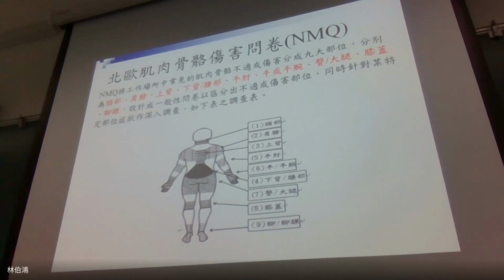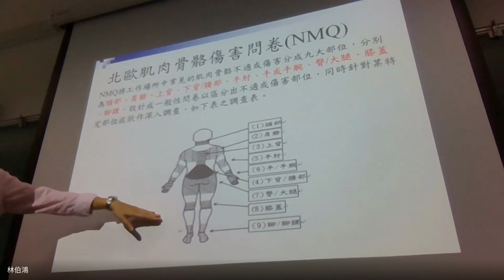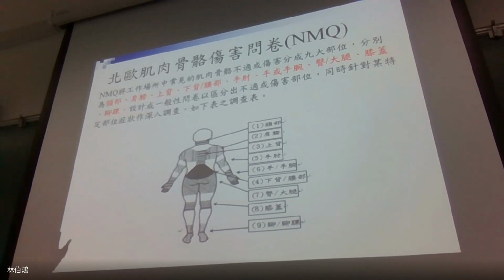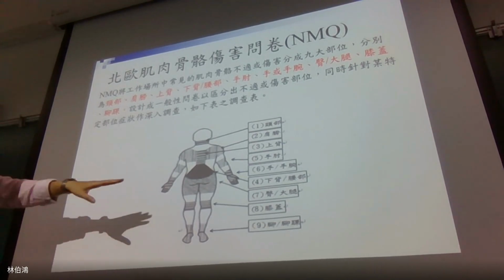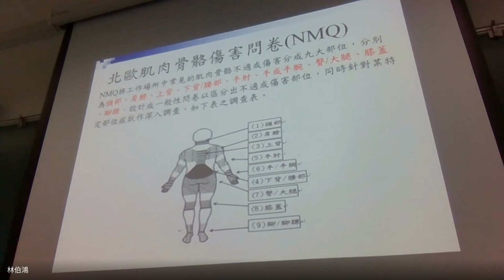So the participant will need to fill out whether within 1 year you have pain or discomfort among the 9 body parts. So we collect the data and we can find maybe the top 4, top 3 body parts for discomfort.